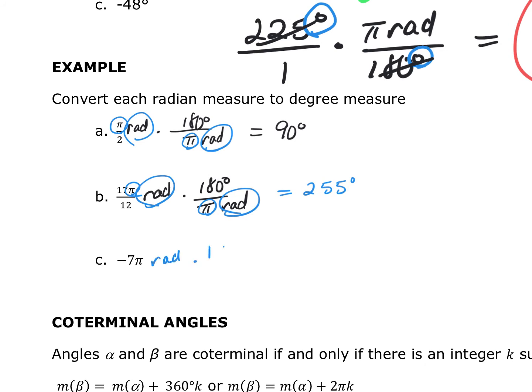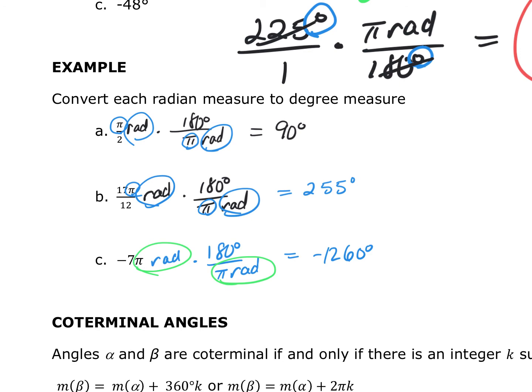I'm going to multiply by 180 degrees over pi radians. Again, my pi radians and my pi radians cancel. And I end up with just, don't forget the negative like I did before. So I'm going to get a negative 7 times 180, which gives me a negative 1260 degrees.